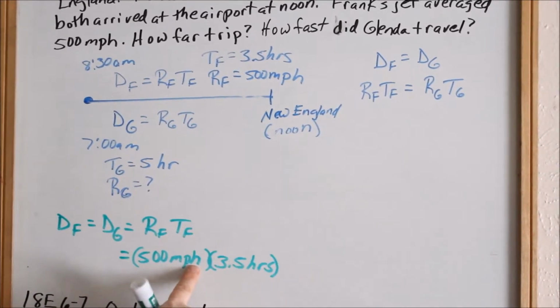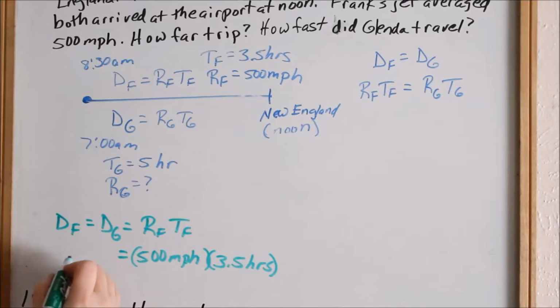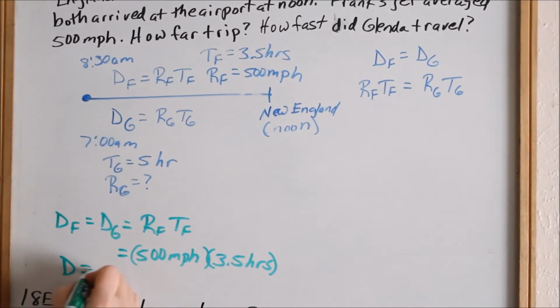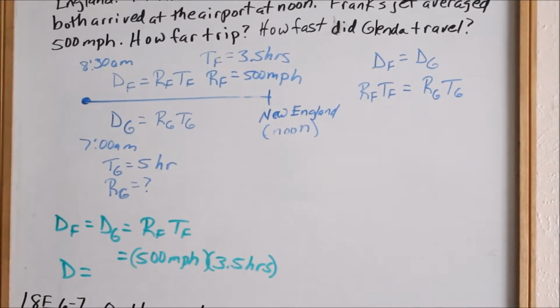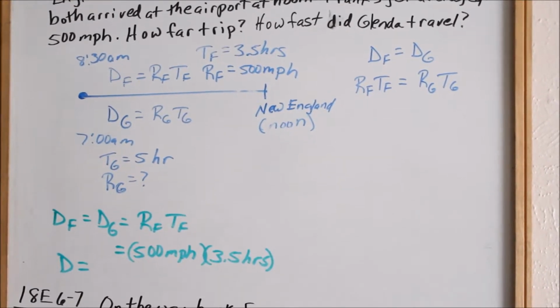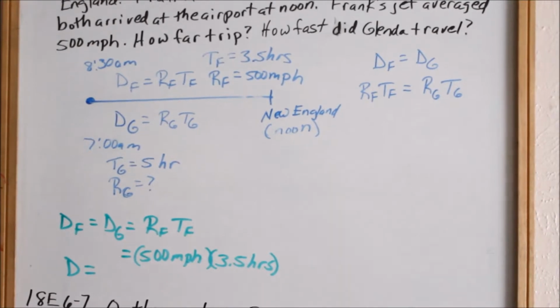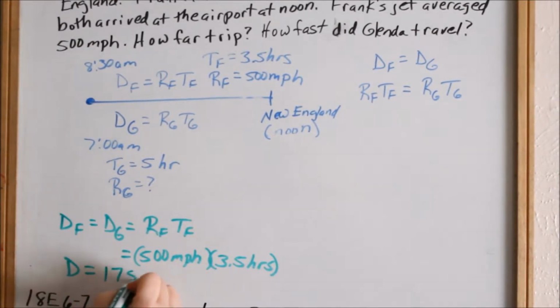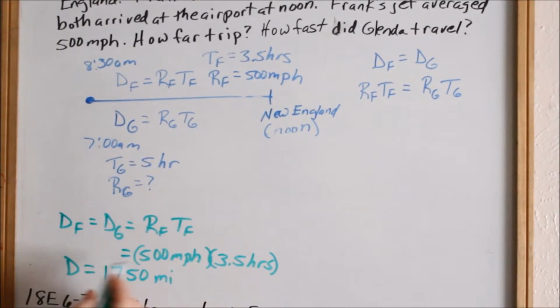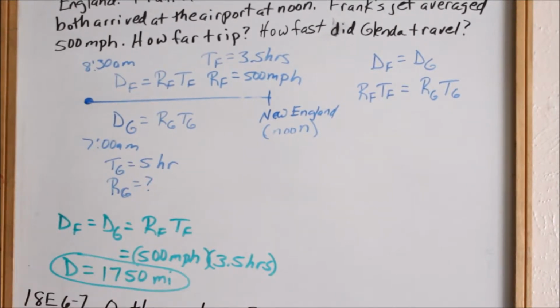This hour, which is in the denominator, and this hour cancels to leave only miles. So the distance, which they're the same, Frank's distance equals Glenda's distance, so I'm just going to call it distance, is 500 times 3.5. That came out to 1,750 miles. So we know that that's the distance.